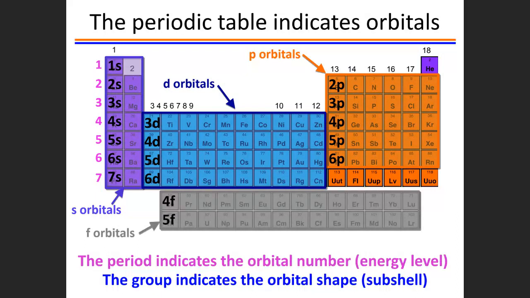So this is like n equal to 1: 1s, 2s, 3s, 4s, 5s, 6s. Normally these all are the d, and here we go to the f, and all this is considered the p orbital. Now if you want to count the electronic configuration, that means the number of electrons for any element, we count like this.